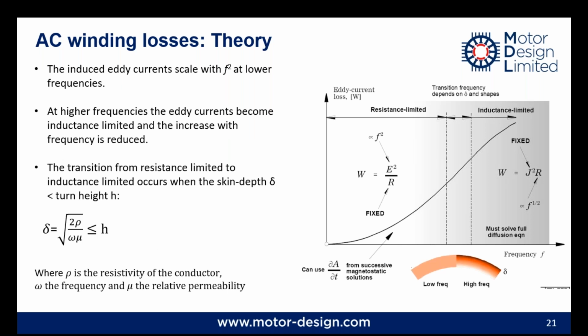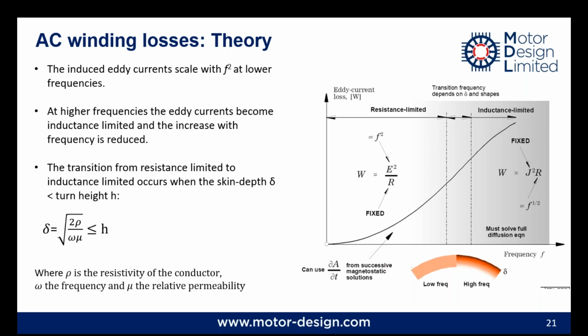So this slide talks a bit about how the induced eddy currents scale with frequency, and this really depends whether the eddy currents are in the resistance limited region or the inductance limited region. So at lower speeds, or when the eddy currents are not too large, generally you see a pattern where the eddy currents scale with the square of the frequency.